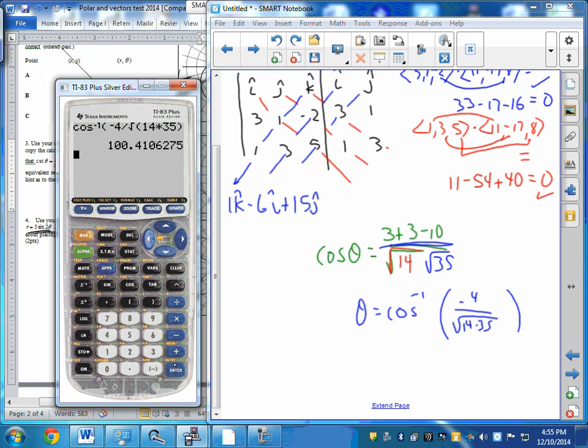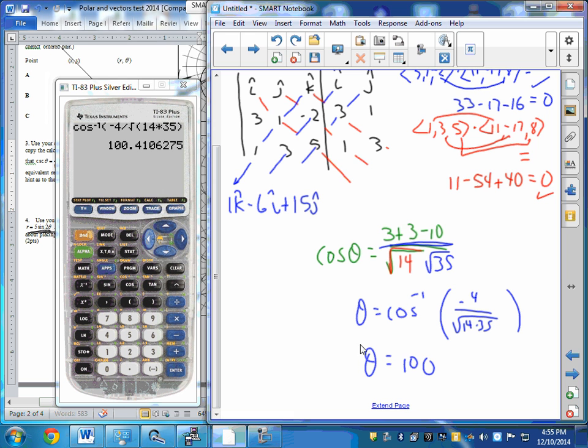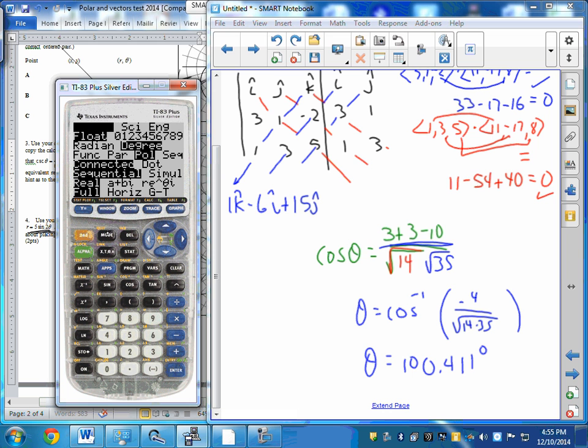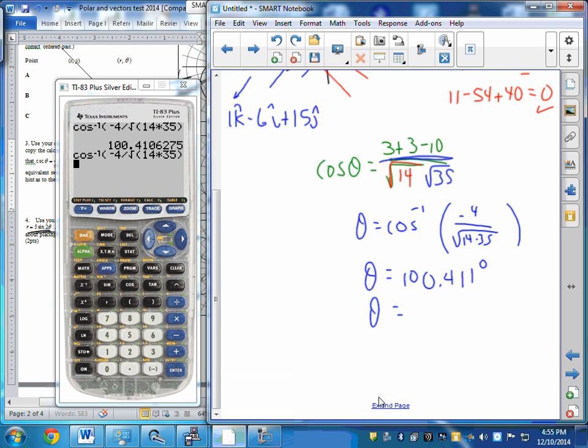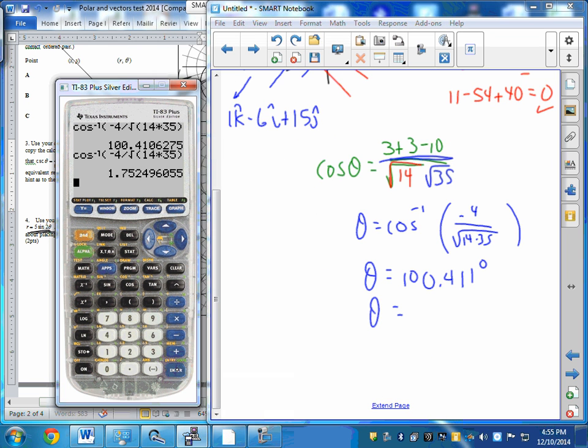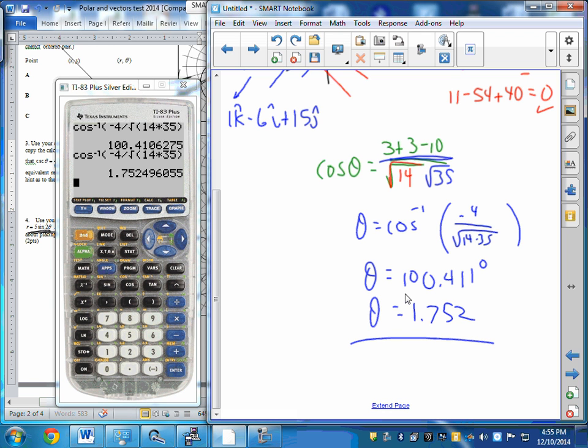Okay, so 100 degrees, approximately, round to the nearest thousandth. 100.411 degrees. And of course, that could have been in radians. I mean, if you were in radian mode, that's perfectly acceptable. The problem didn't say to do it in degree mode. So if you said theta was 1.752, that would also be acceptable.